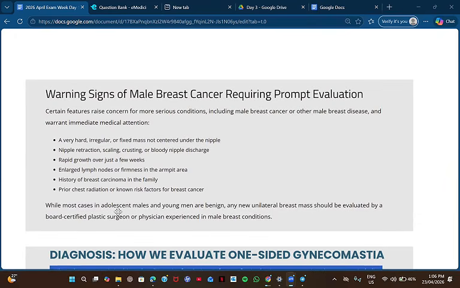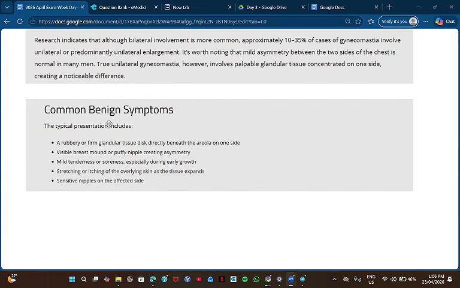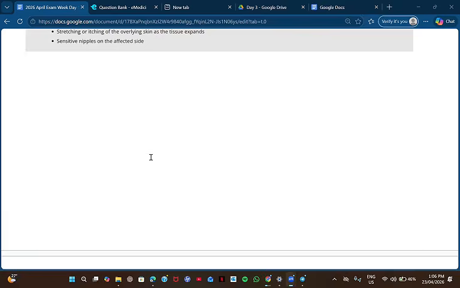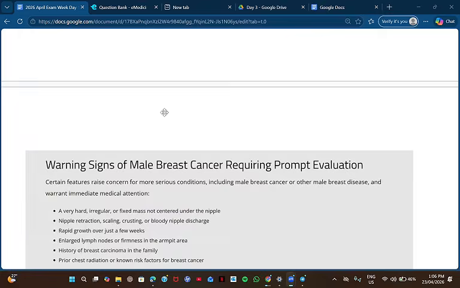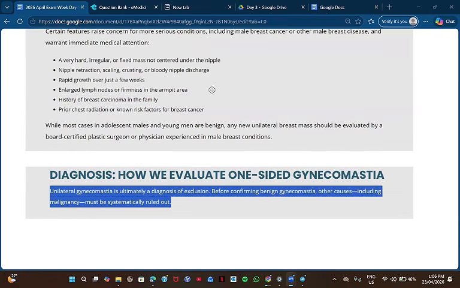So these are the warning signs. Some can look like benign symptoms, but from these we can also identify the early signs of cancer.